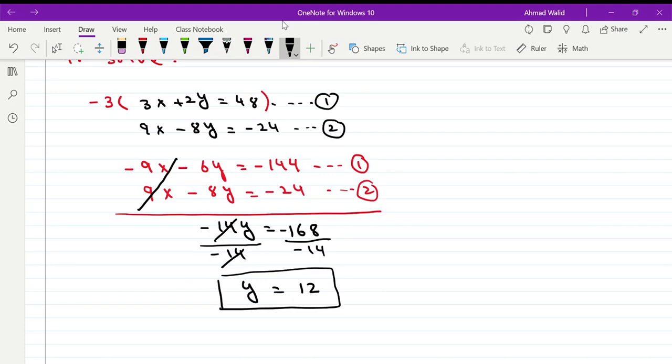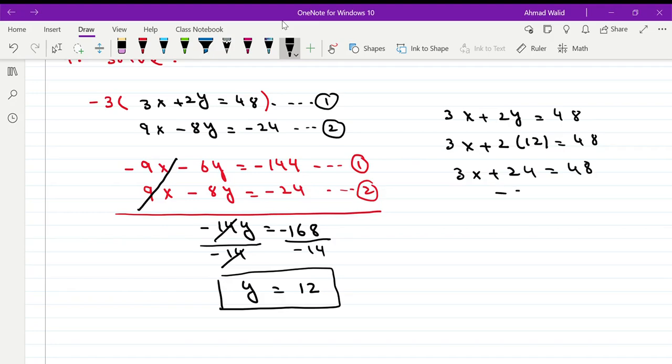As soon as I find the value of one variable, I plug this value of y into one of the given equations, and easily I can find the value of x, which I'll do here. For example, I'll copy my equation number 1: 3x plus 2y equals 48. Then you can write 3x plus 2 times 12 equals 48. 3x plus 24 equals 48.